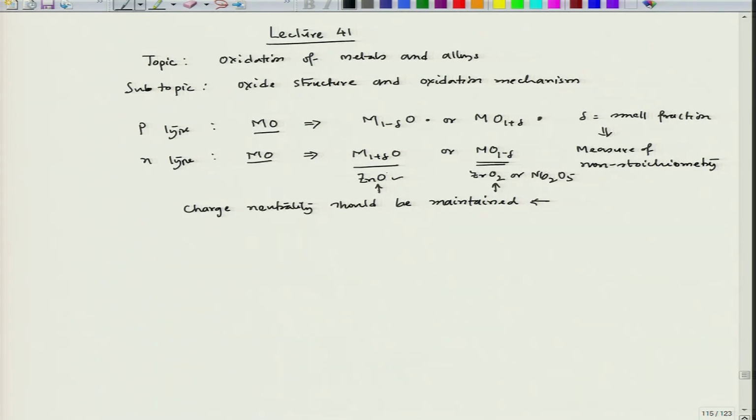Since we have understood the structure nature of zinc oxide, let us understand if the situation is like this. So, now n type with MO1 minus delta, this situation.